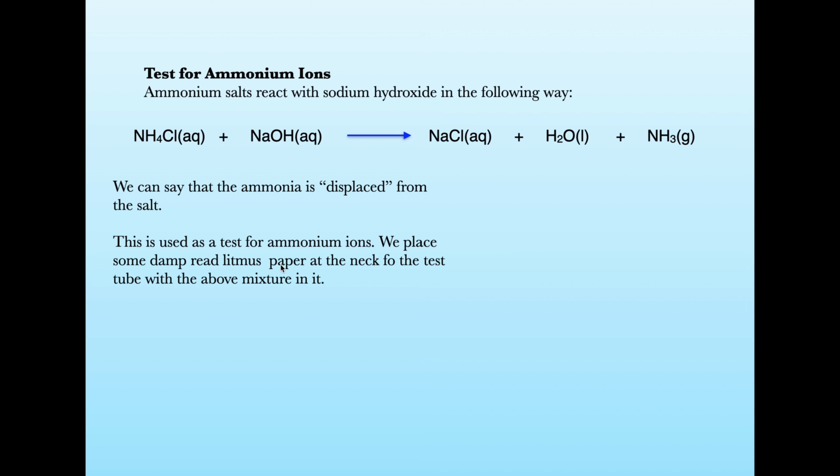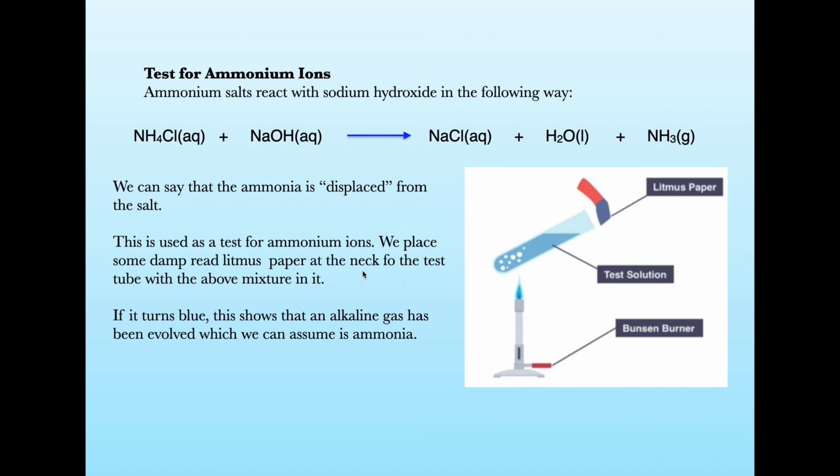If the damp red litmus paper at the neck of the test tube turns blue, then it shows that an alkaline gas was produced, which is most likely ammonia. So this is the test for ammonium ions. Sodium hydroxide, warm it, and at the neck of the test tube, damp red litmus paper turns blue.